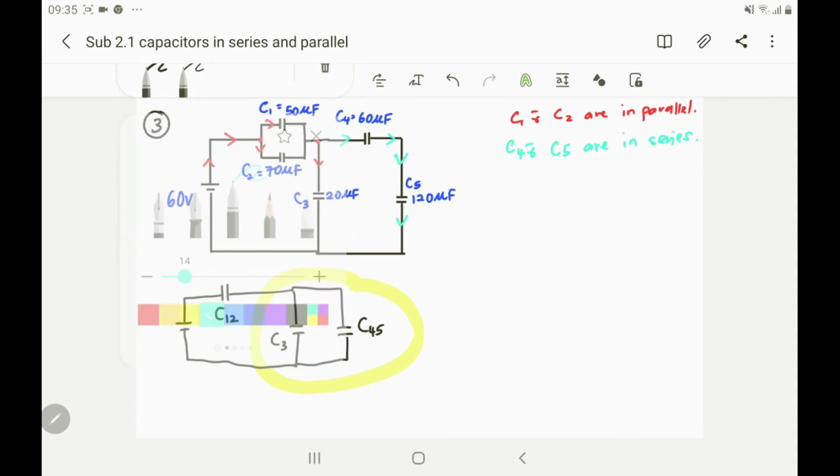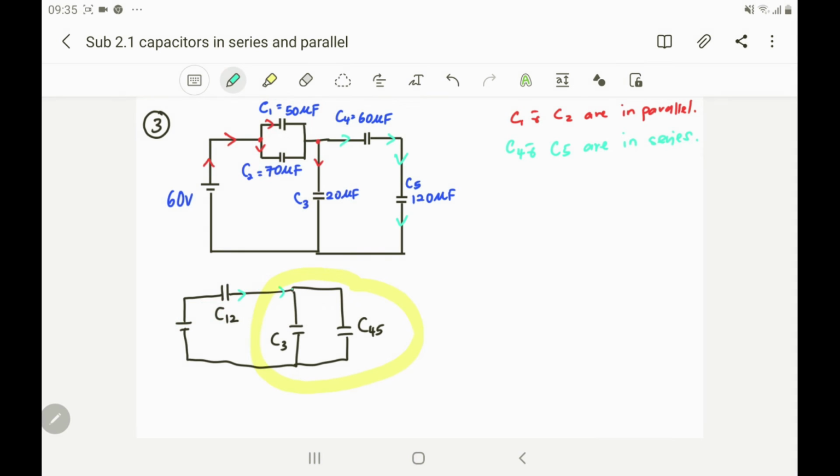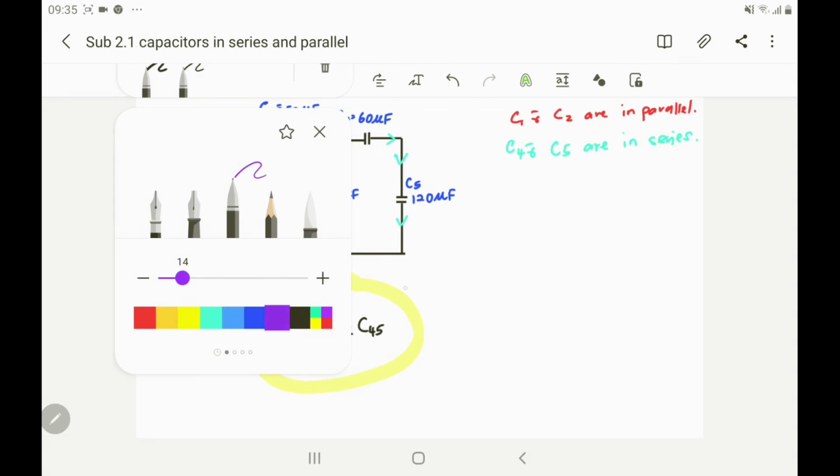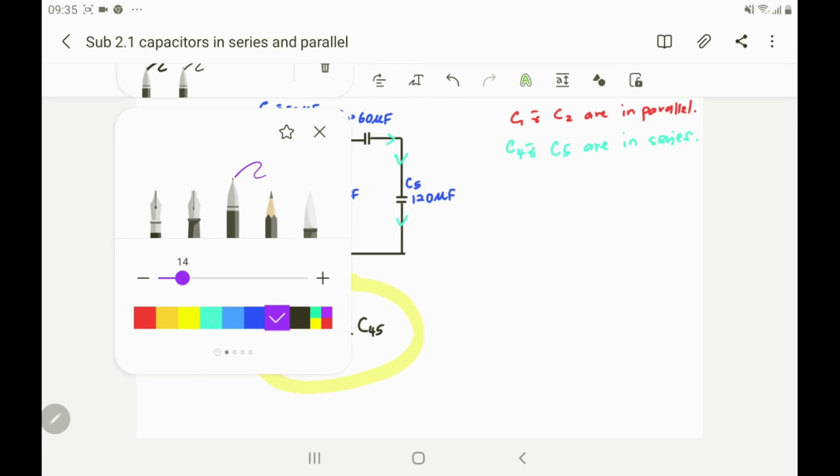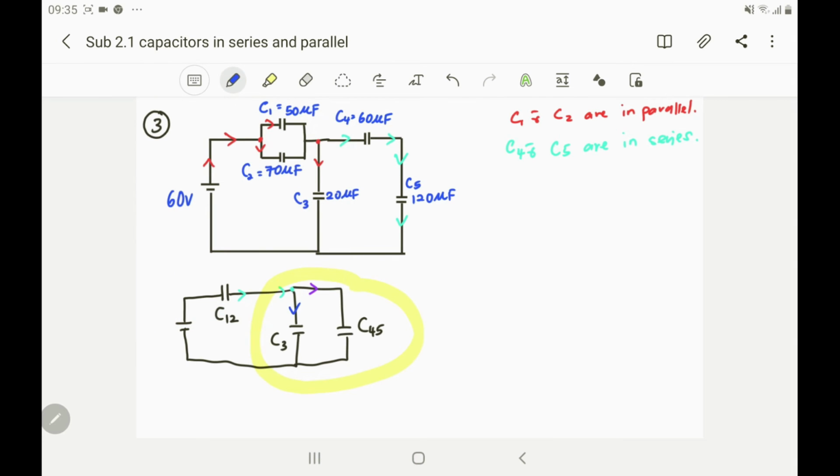When we draw the flow of current here, we have the flow of current that splits into two paths. So now C3 and C45 are parallel. You have to identify that first, understand first which ones are series and which ones are parallel.